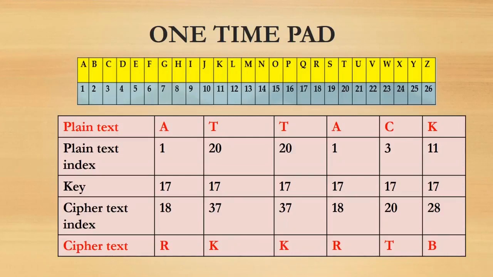So we will use the same formula as the Caesar cipher, which is C equals P plus K. That means plain text plus K. Here 17 plus 1 equals 18, 20 plus 17 equals 37. Here is some twist.